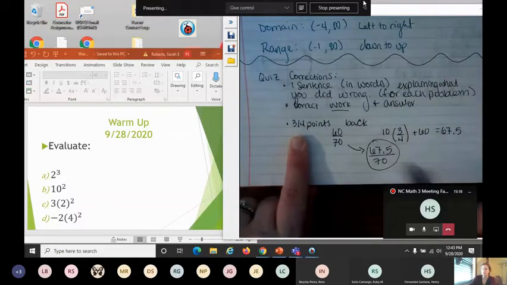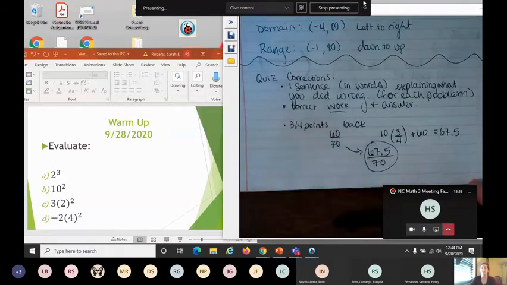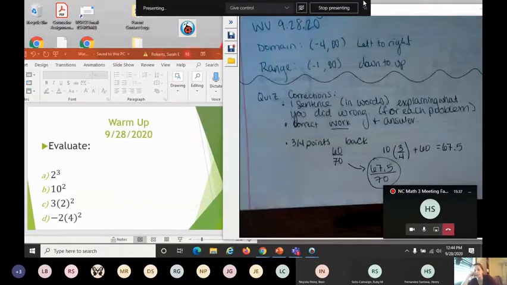Which means if you got a 60 out of 70, you have 10 points that you missed. So you get 3/4 of those back, which is 7.5 points. So your total will be a 67.5 out of 70 instead of that 60 out of 70. Okay. What questions do you guys have on quiz corrections before we start the warm-up?